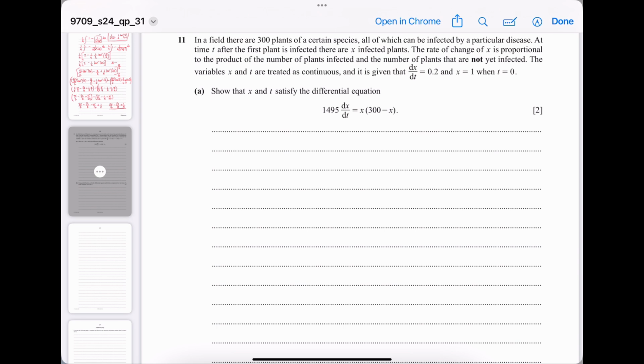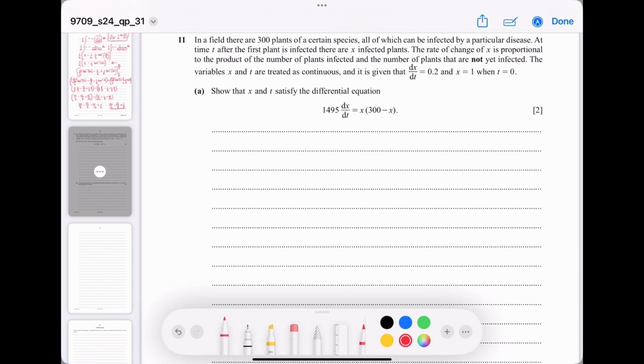So the rate of change of x, dx dt, is proportional to the product of the number of plants infected and the number of plants that are not infected. So if the number of plants infected is x, that means there would be 300 minus x who are not infected.